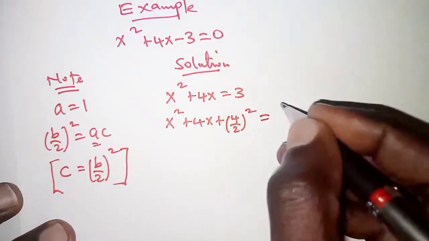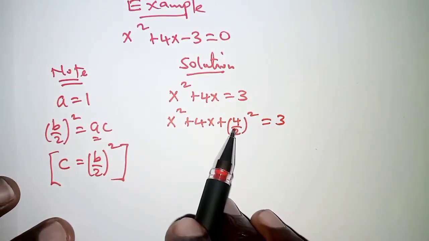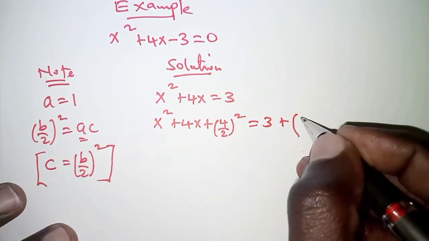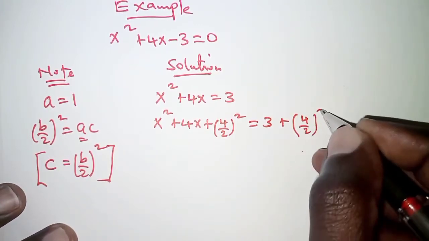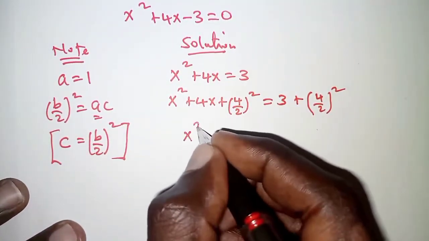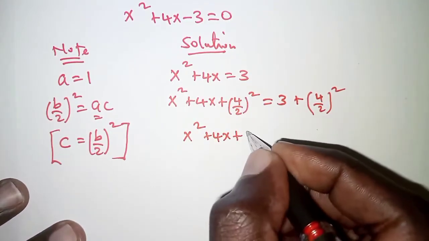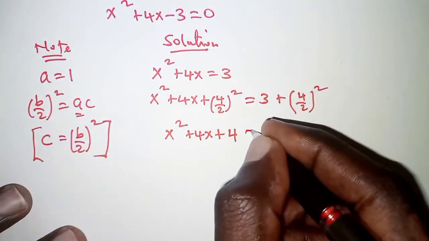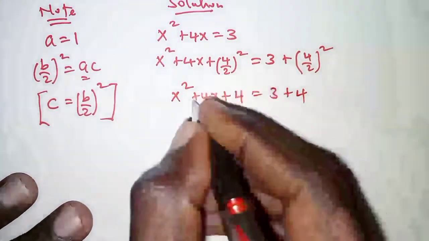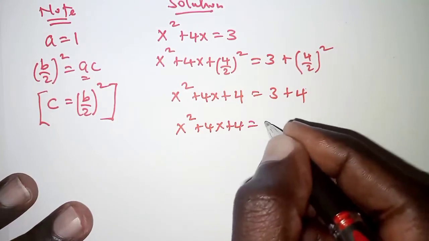On the right hand side we had 3, and because it's an equation and we added something on the left hand side, then for balance we need to add the same on the right hand side, that is 4 over 2 squared. If you like, you can simplify the left hand side as x squared plus 4x plus 4. And on the right hand side we have 3 plus 4. So that we have x squared plus 4x plus 4 is equal to 7.